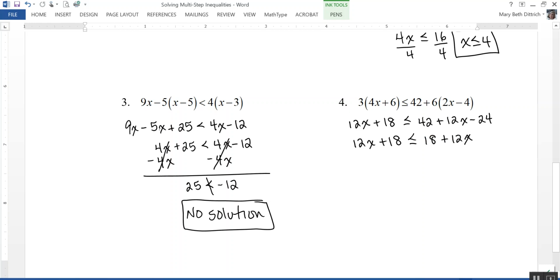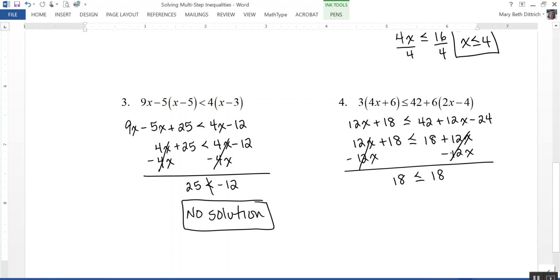And again, I have a strange situation. What I'm noticing is that I have exactly the same thing on each side of the inequality. I have 12x plus 18 is less than or equal to 18 plus 12x. If I wanted to, I could subtract 12x on both sides. Let's see what happens then. That gives me a 0 and leaves me with 18 is less than or equal to 18, and that turns into a 0. Okay, let's think about this.